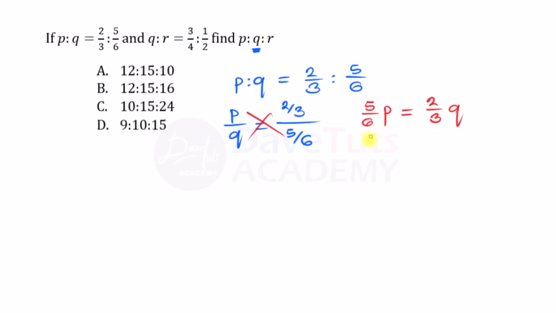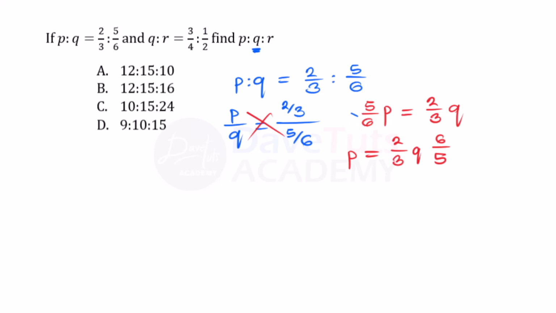So I can say inherently P itself is going to be 2 over 3 Q multiplied by 6 over 5. What I just did is that I'm multiplying this with 6 over 5 so that 6 can cancel 6, 5 can cancel 5. And then the same thing I'm saying, multiply by 6 over 5 here. That is what is giving me this expression here. I just want you to know that, students.